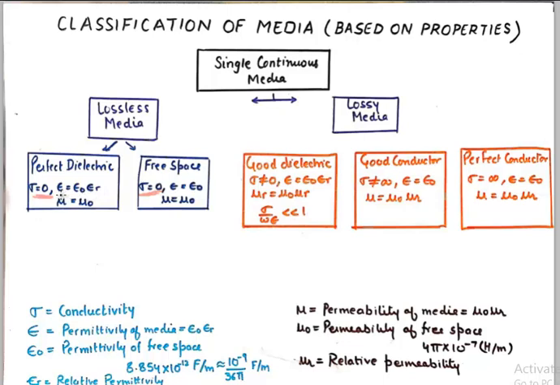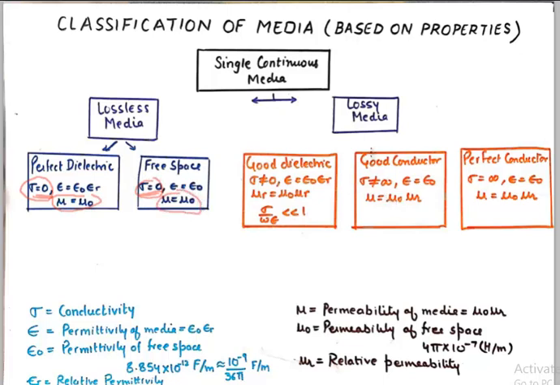So it will have a different permittivity from that of free space. It will have some factor epsilon r, although that factor would not be significantly large, but it will have different permittivity than that of air. But these two conditions, sigma is 0 and mu is equal to mu naught, remain the same in lossless media.